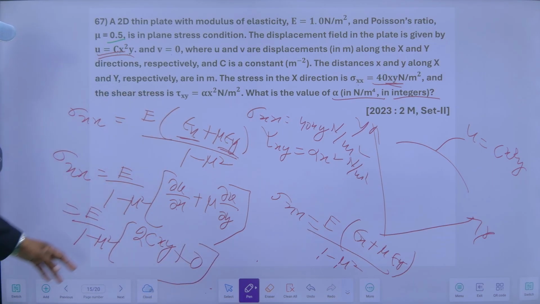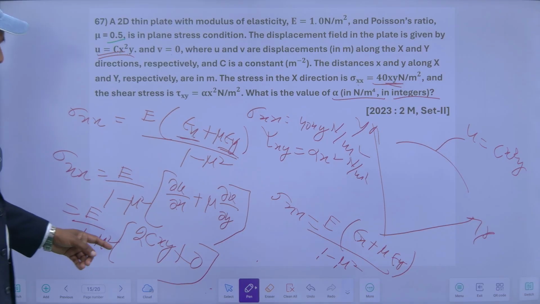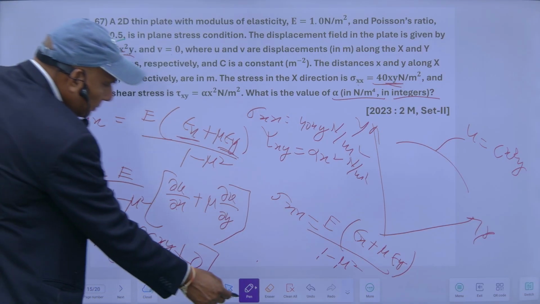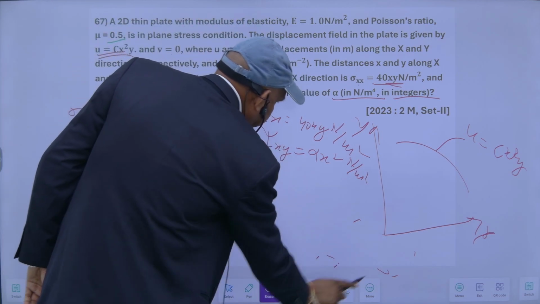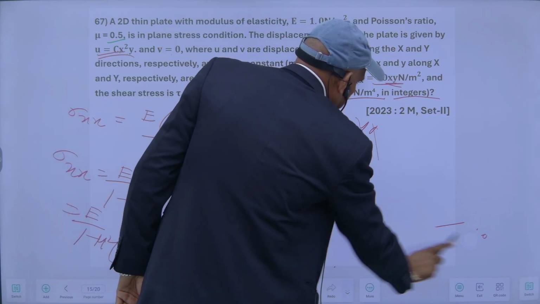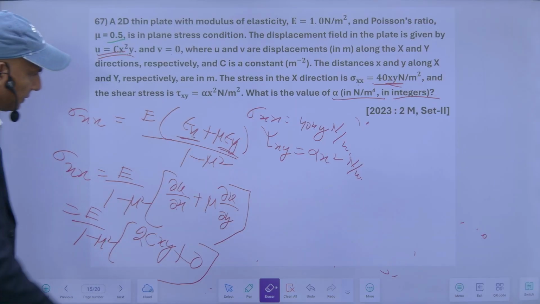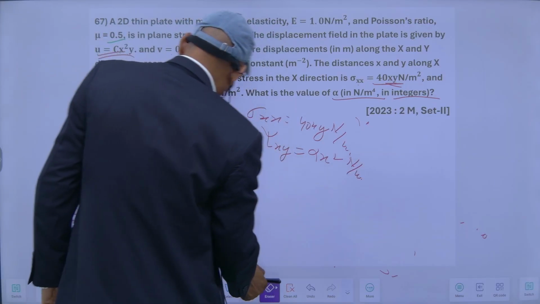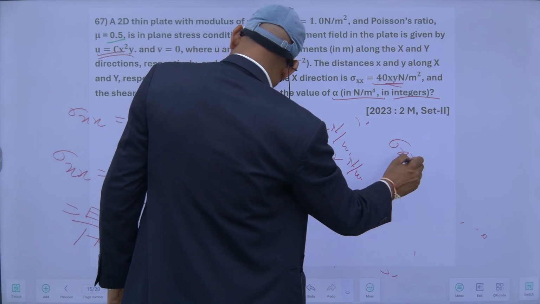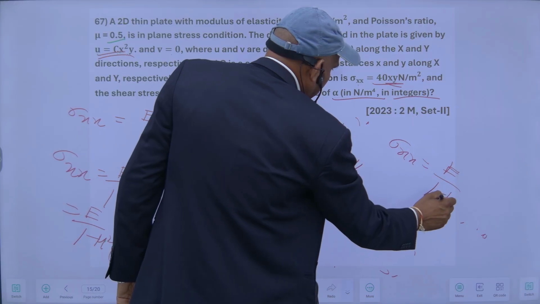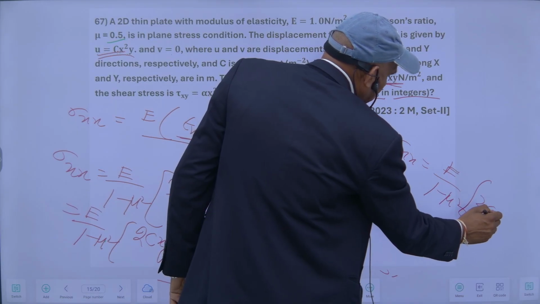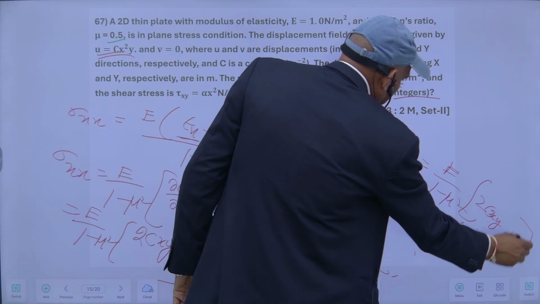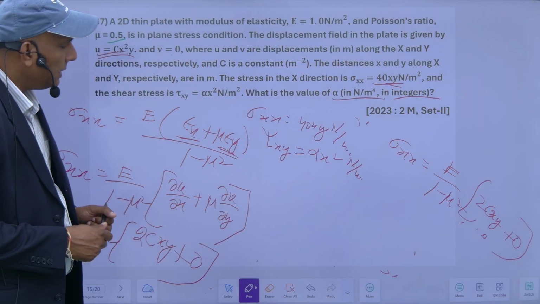So sigma x is equal to E upon 1 minus mu square into 2cxy plus 0.